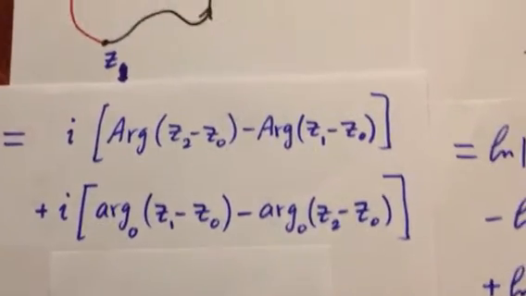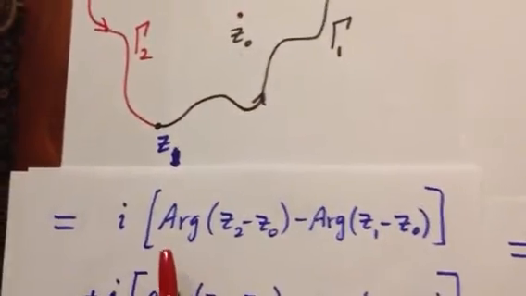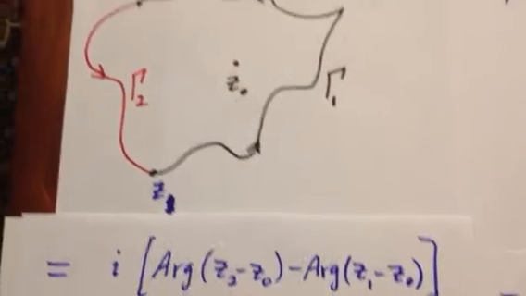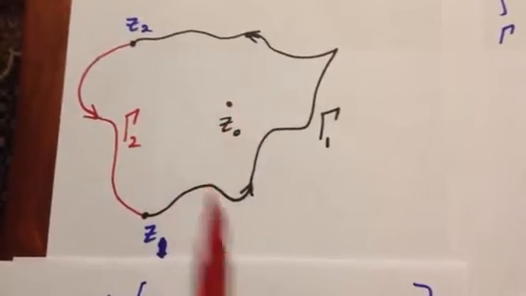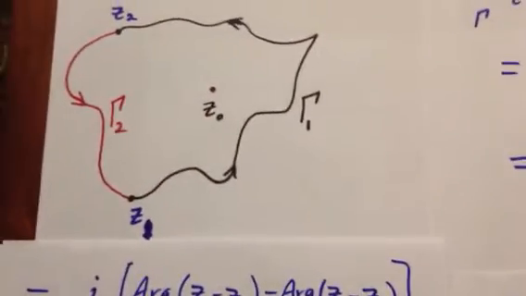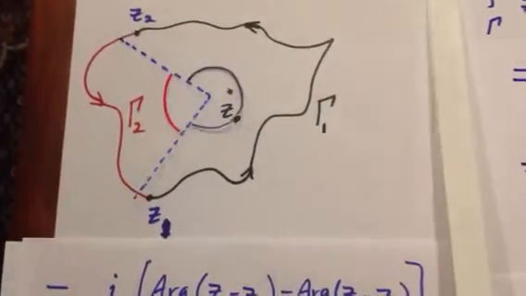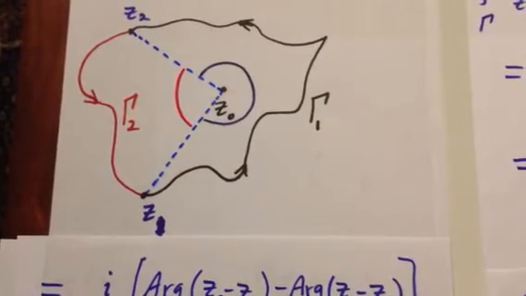Now let's look at the picture. For this one, we're doing argument of z2 minus z0. So this is z2, this is z0. So let's place this here.